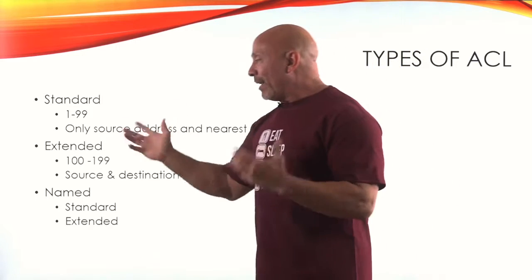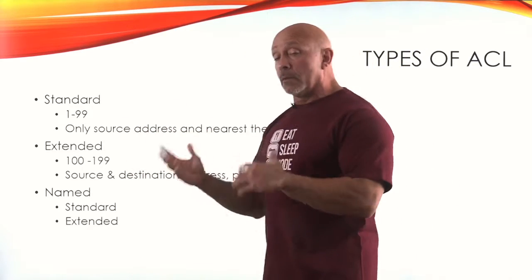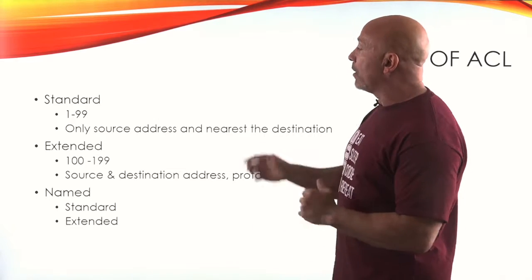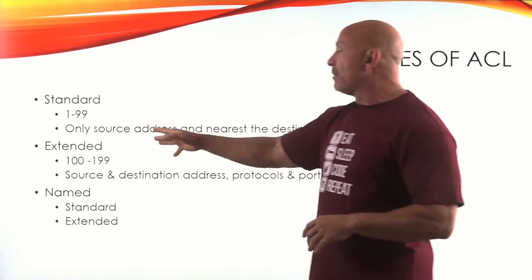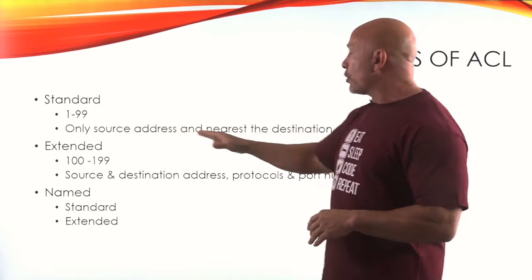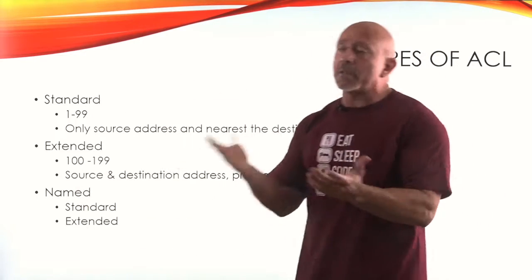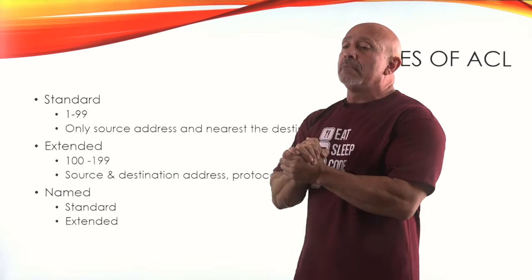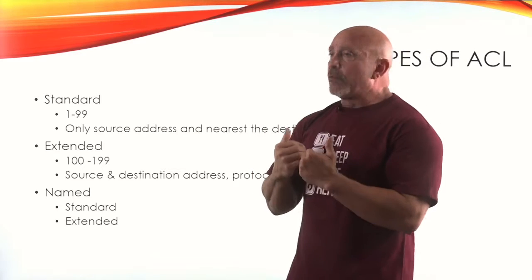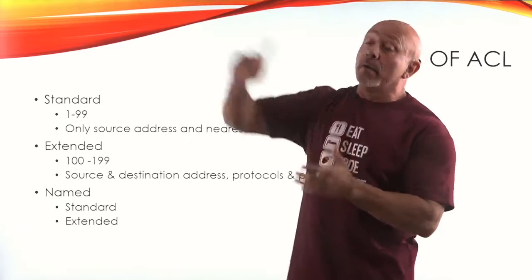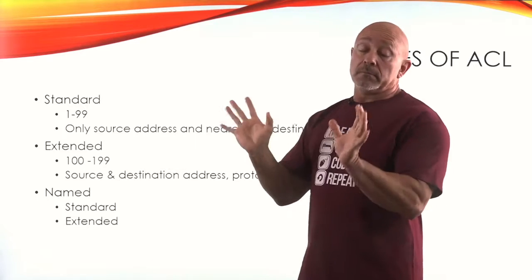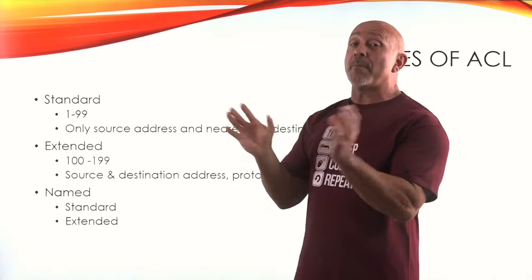Now, benefits or disadvantages to one or the other. Standard access lists are very limited because you can only use source addresses and you need to place them nearest the destination, because all all you can say is, hey, I'm denying myself from accessing that over there. Well, you can say that, but you can't write that.